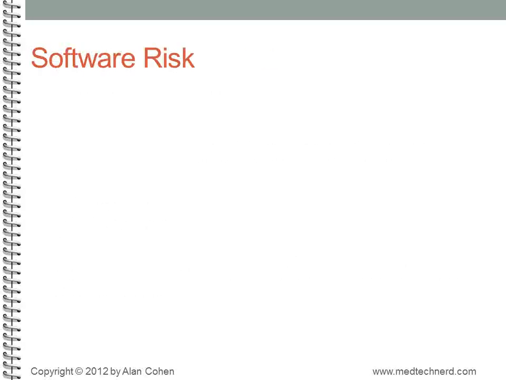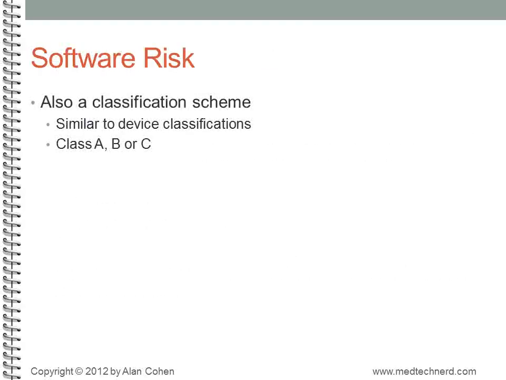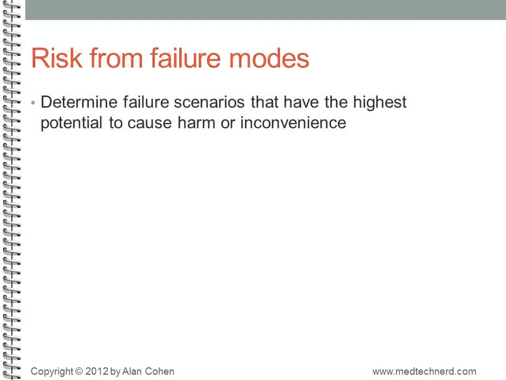As anyone who's used a computer can attest to, software has the opportunity to fail often and spectacularly. As we'll see in a future video, IEC 62304, the medical device software standard typically used these days, classifies software's general risk as Class A, B, or C. Moving away from the general and toward the specific, practically every device can fail in various ways, and some of those ways can potentially cause harm.